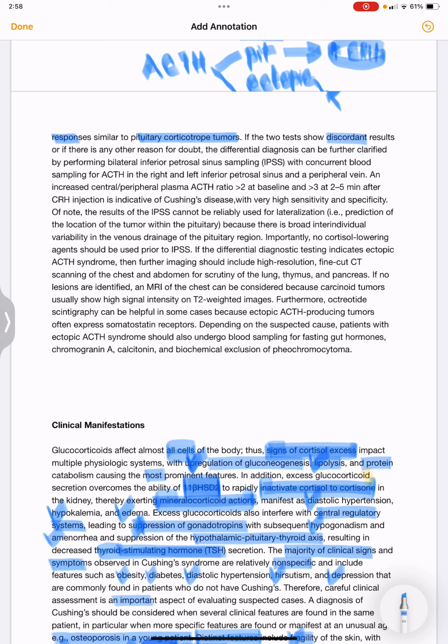The differential diagnosis can be further clarified. We have to perform a bilateral inferior petrosal sinus sampling. So what should be done?